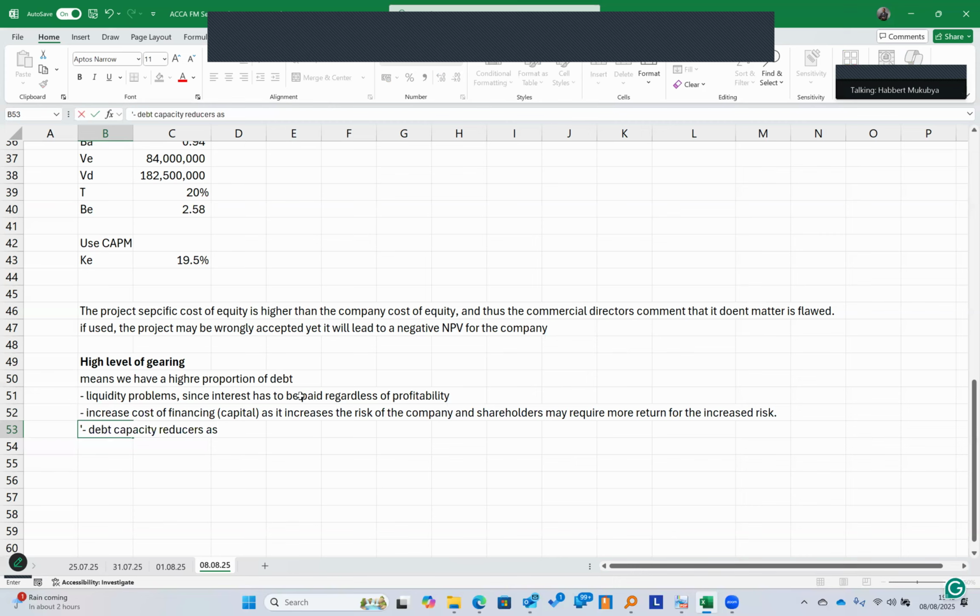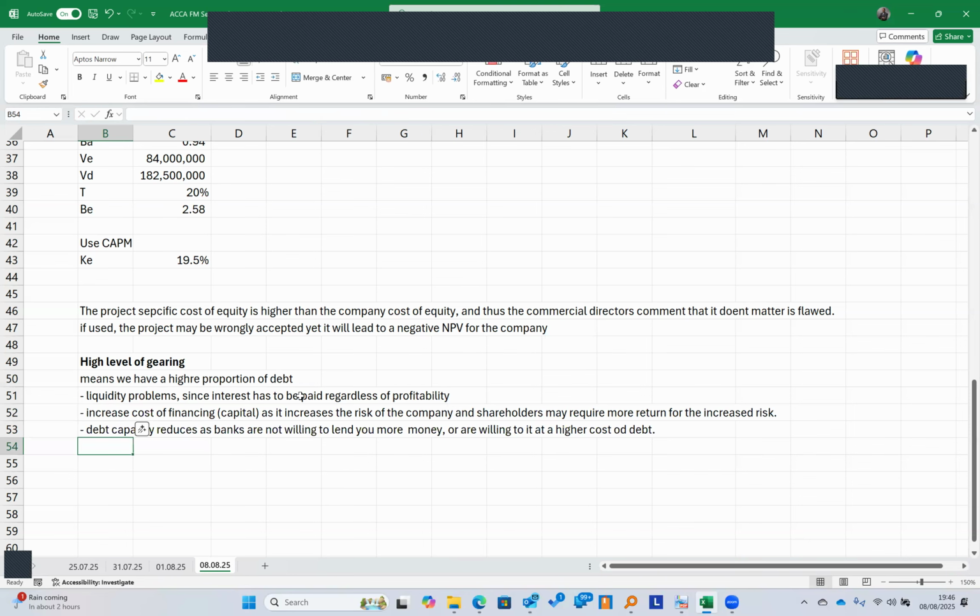It reduces, as banks are not willing to lend you money, or more money, or are willing to do it at a higher cost of debt.